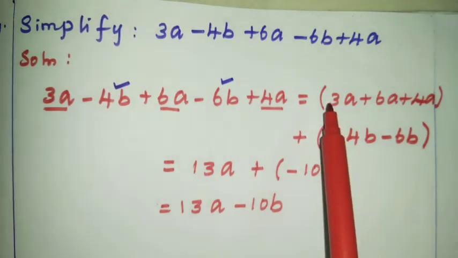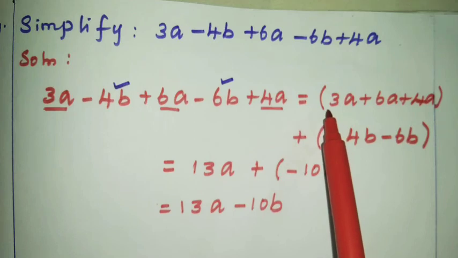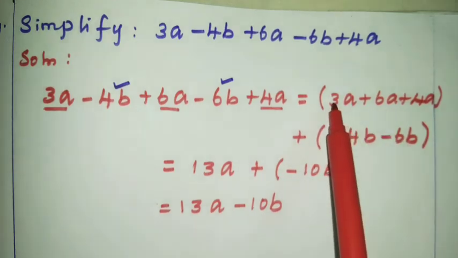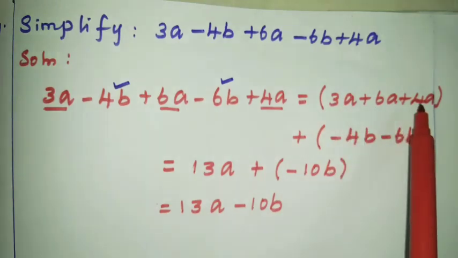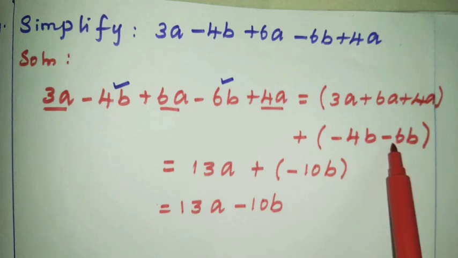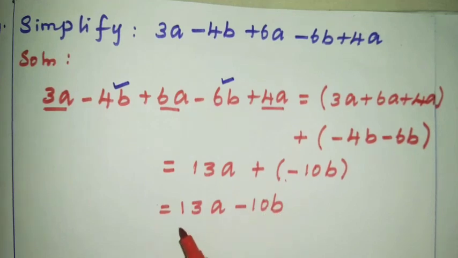So here first step, you must enclose the brackets and arrange the like terms. Then we have simplify. Here all the values are positive sign, so I have to add it. We get 13a. Here both are same sign, so add and put the sign, that is minus 10b. Here plus into minus minus, that is 13a minus 10b. This is the answer for this question.